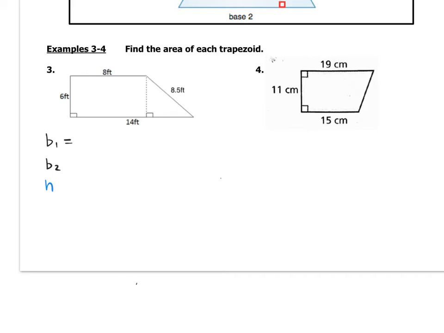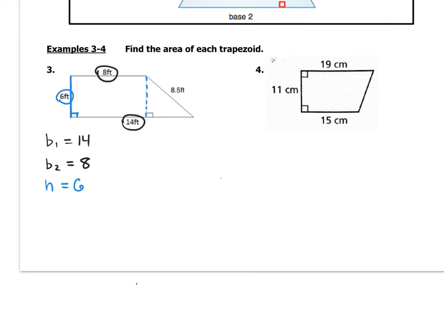Remember, the bases are the parallel sides, so it does not matter which one's which. I'll just go ahead and call base 1 14, and that means base 2 is going to be the opposite side, 8. The height of the trapezoid is the distance from one base to the other, so in this case, the height is going to be this imaginary line, or you could also refer to it as this side over here, which is 6 feet.